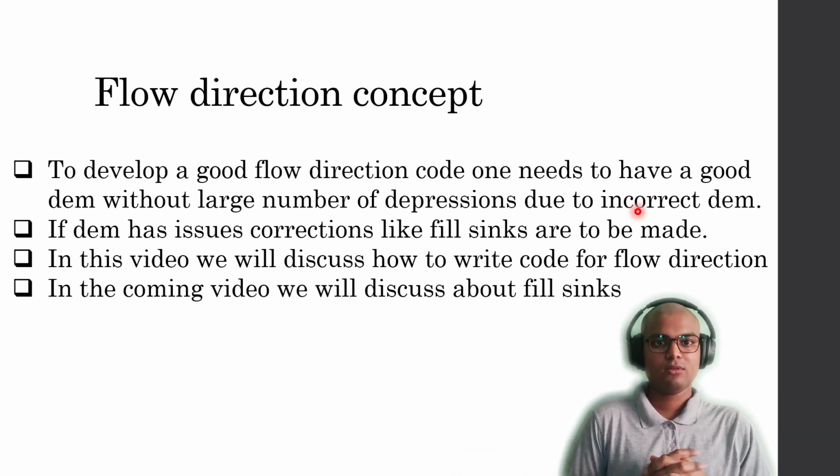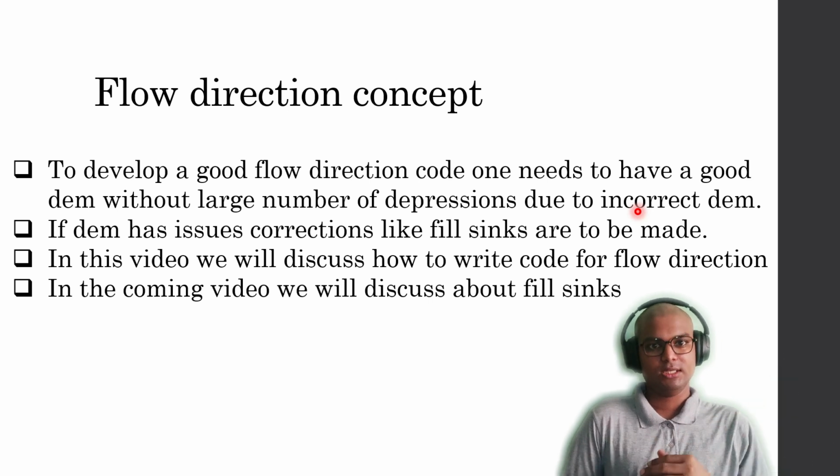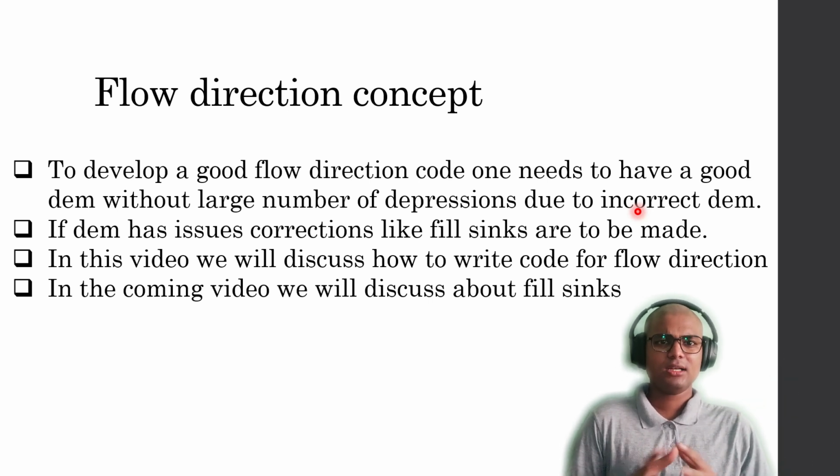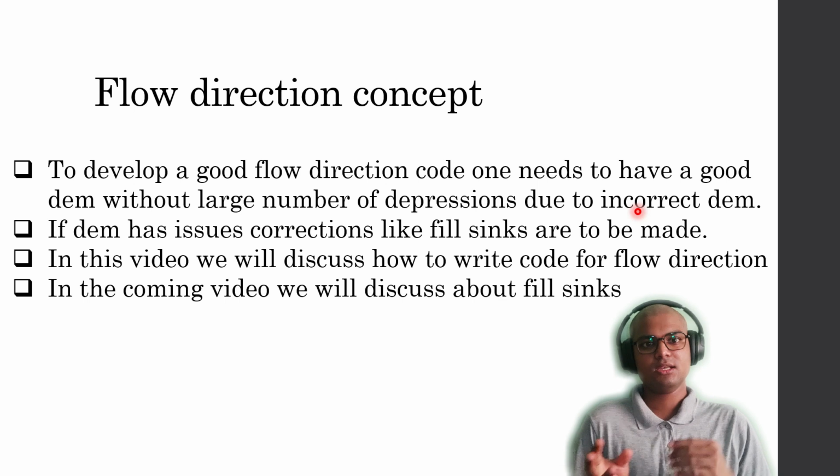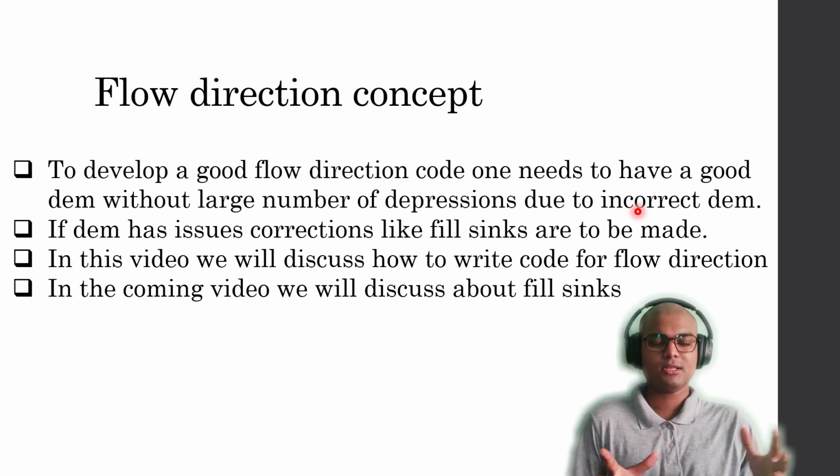So that is one thing we need to keep in mind while using DEM datasets. In this video, we will discuss only the code of this flow direction, and in further videos we will discuss how we can write the code for filling sinks or depressions so that we will be able to have good workable flow direction maps.